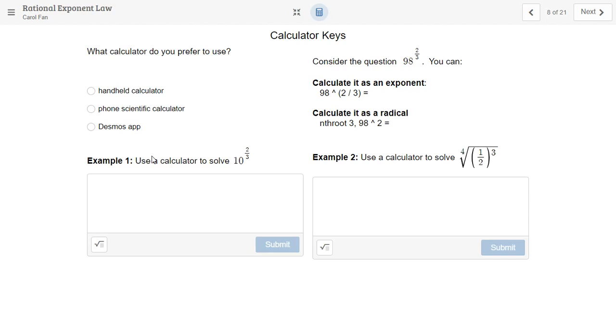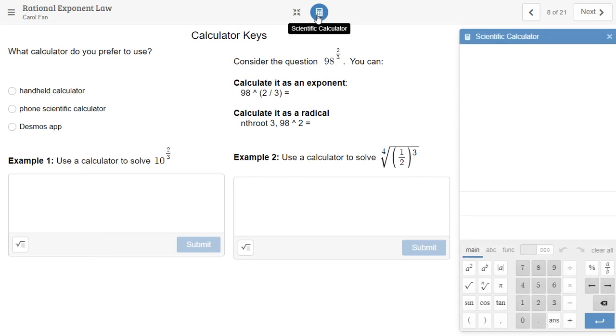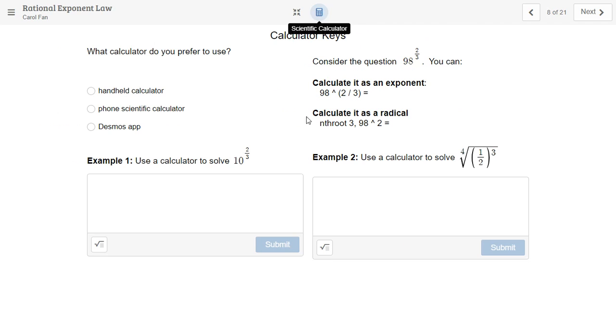In this lesson, we are going to be doing radicals and simplifying them by hand, but sometimes you're going to be asked to do it by calculator. So I'm going to show you today. I know some people use a handheld calculator, some people use a scientific calculator on the phone, and some people use the Desmos app. For the sake of this course, I am going to try to integrate the scientific calculator into all of my slide set.